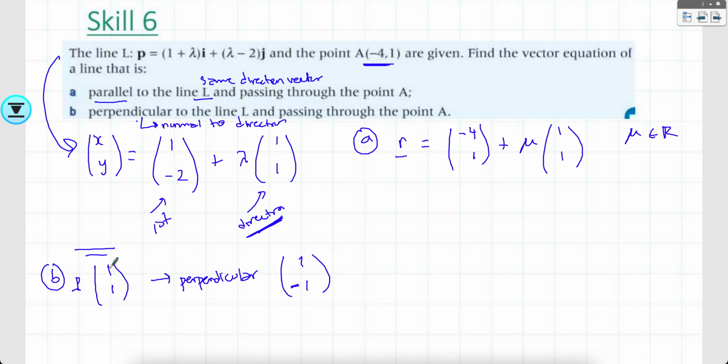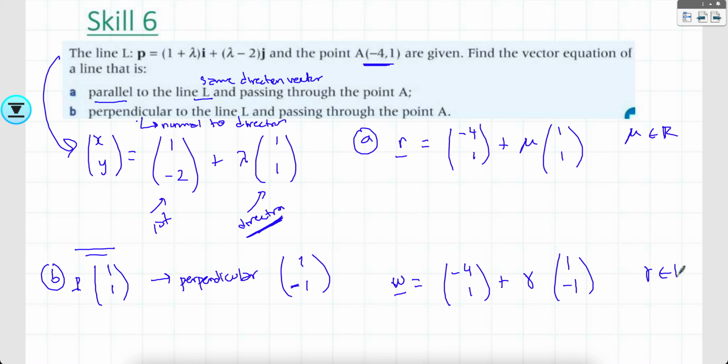So whatever was your D1 will change signs. So you have 1 and -1 as your direction here, which means now your point, let's call it W, will have this point that it goes through plus, let's pick gamma, 1, -1. This is now the direction vector because it's perpendicular to the actual parallel line.